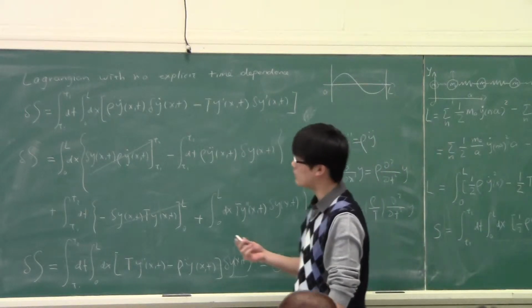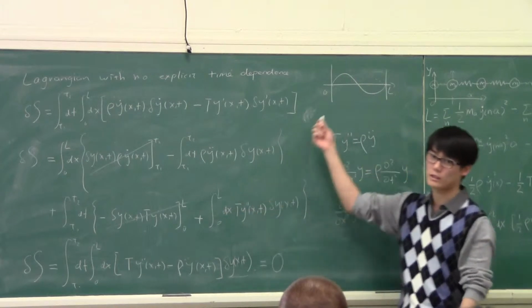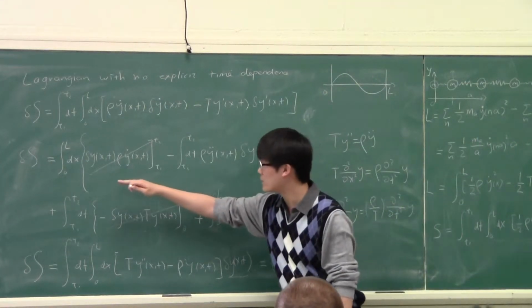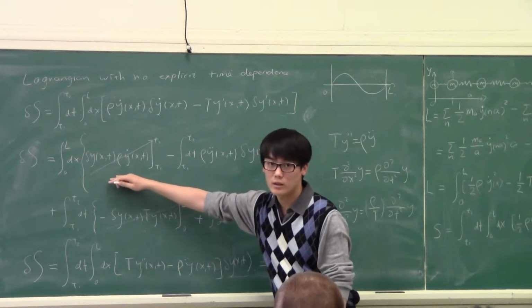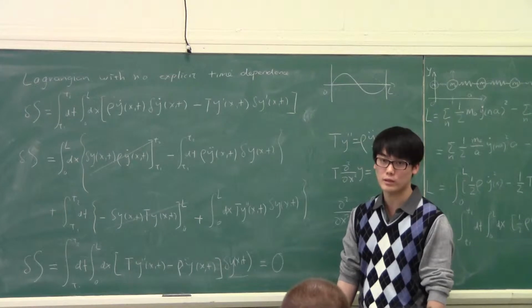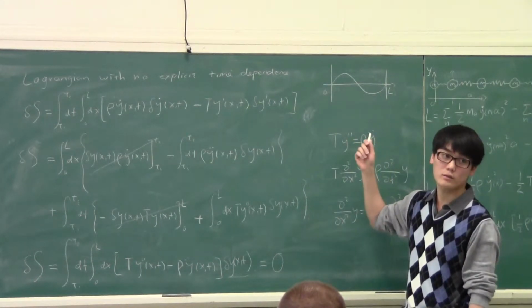And I require that the variation vanish because the string is required to look like that at t2. So this is why the integrated out pieces in time vanish, but they vanish in x because we are requiring that both ends of the string are fixed.